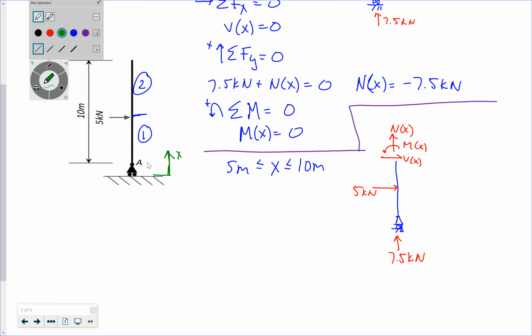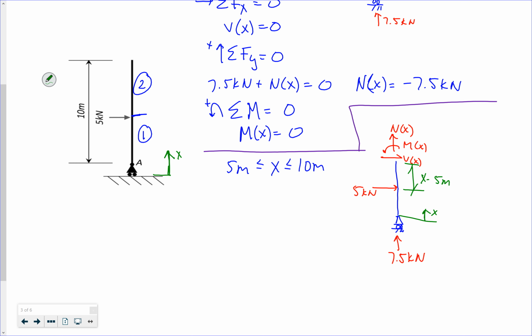Right? If my x is starting here and this distance is x minus 5 meters, because my 5 kilonewton force starts acting or is applied at x equals 5 meters.